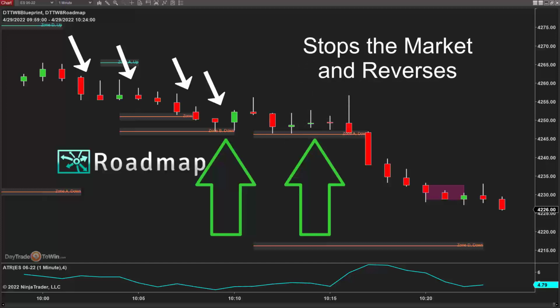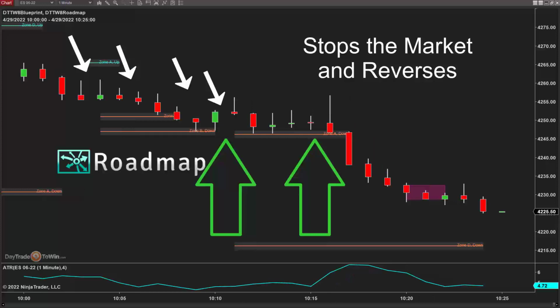Now, if it doesn't happen, we have nothing to worry about. If the market does reverse at these areas, at these zones, then in fact we have an opportunity. We can now take it as a counter trend trade.